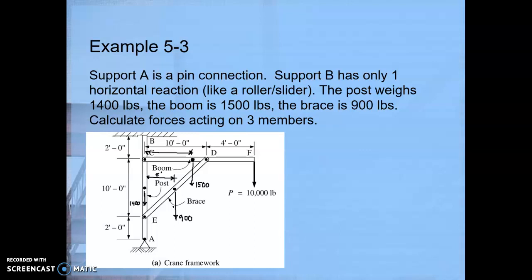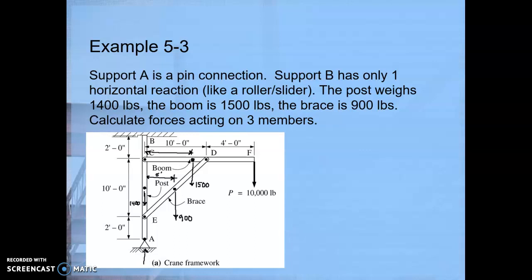So because we are including self-weights, it's not quite as simple as it appeared initially. It looked like we only had the one load here of 10,000 pounds. It turns out we actually have 4 loads. So we want to calculate reaction forces.